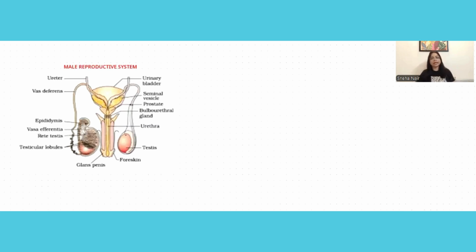Number one is a pair of testes. So, friends, testes are the primary sex organ. The second important part that we have in the male reproductive system is accessory ducts.